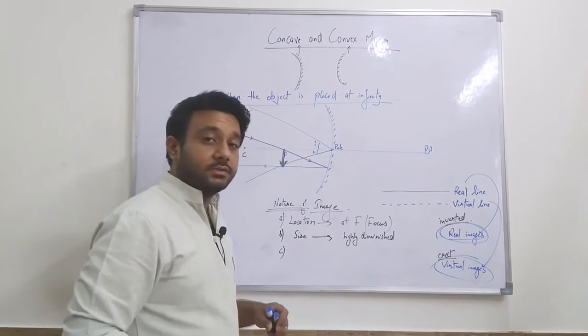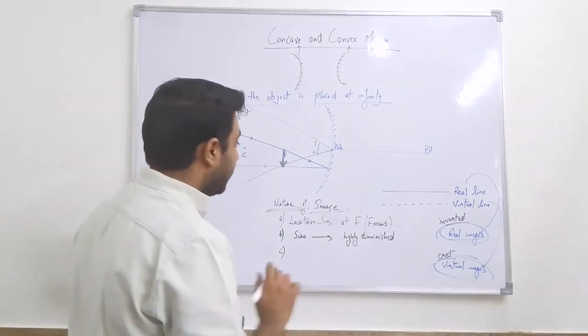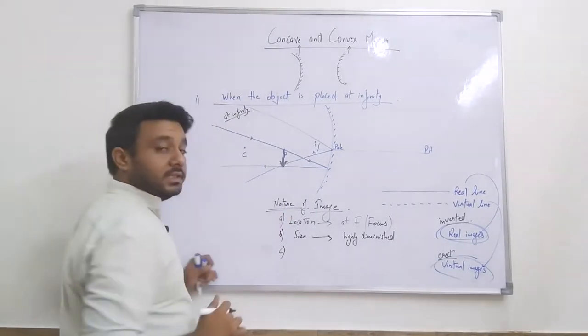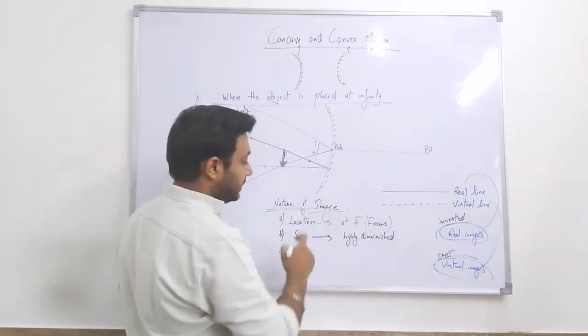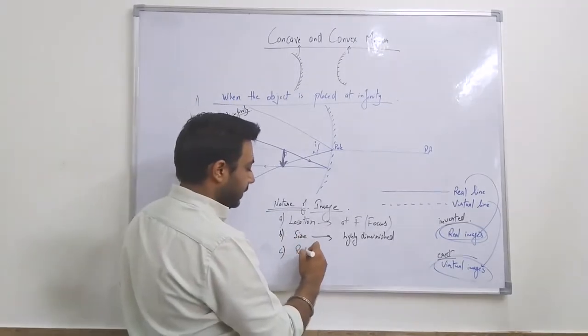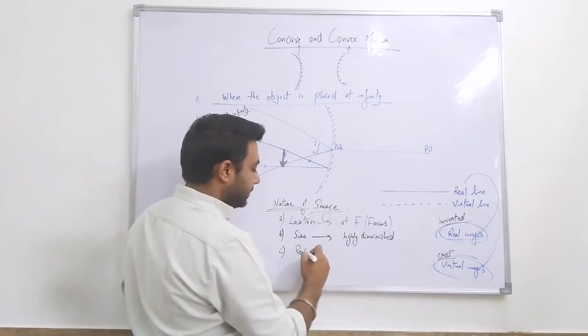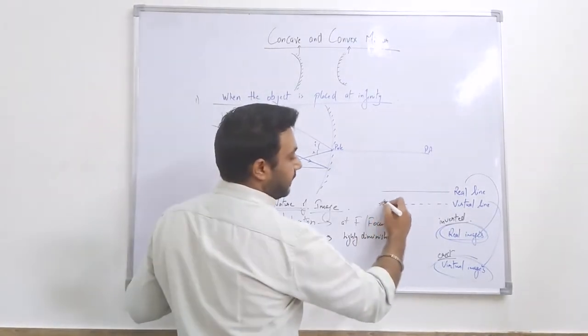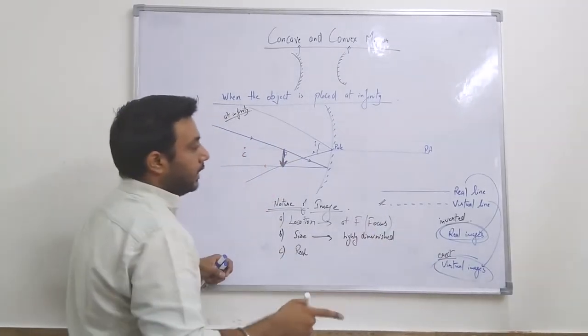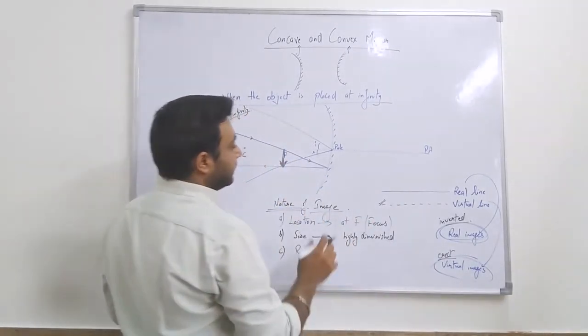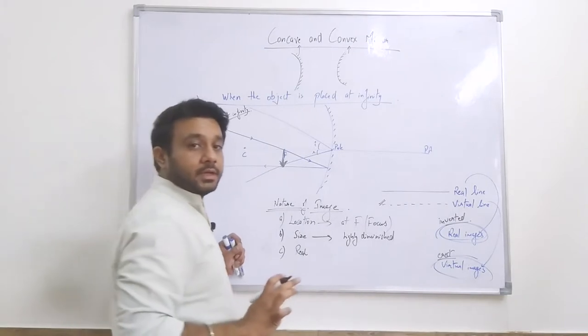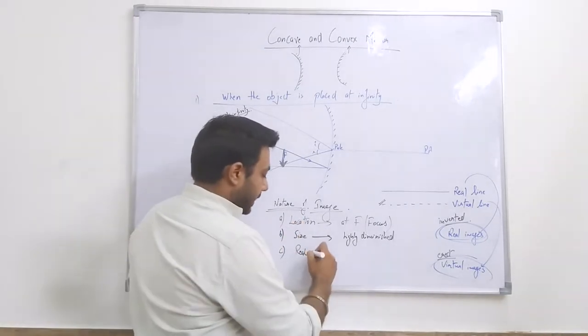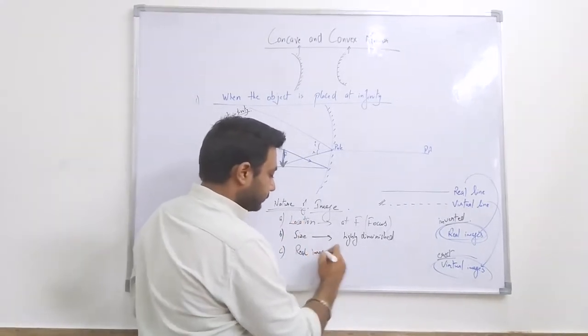We will see in further cases. Now here the image formed is real. Okay, how do we know that it is real? We haven't made any virtual line. All lines are real lines. Then the image formation will be a real image.